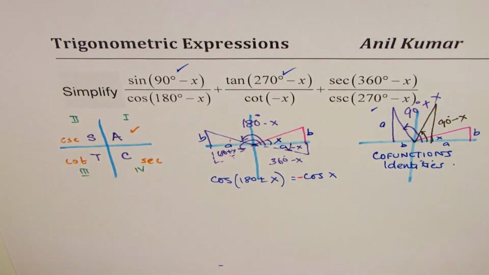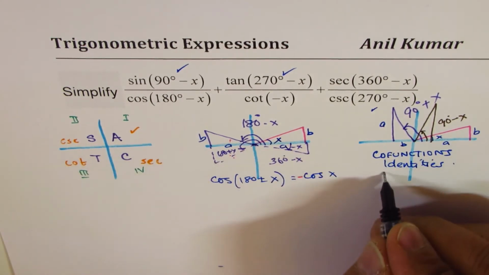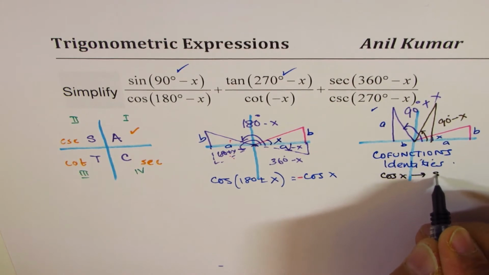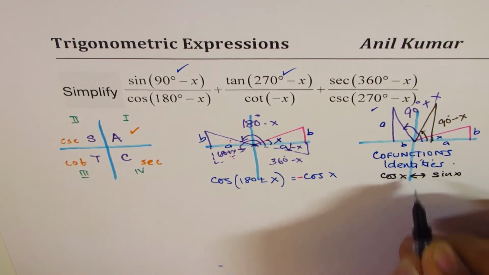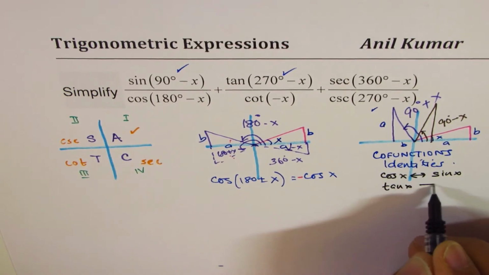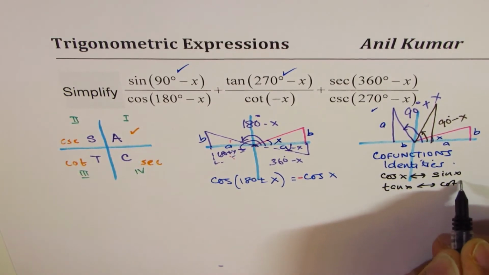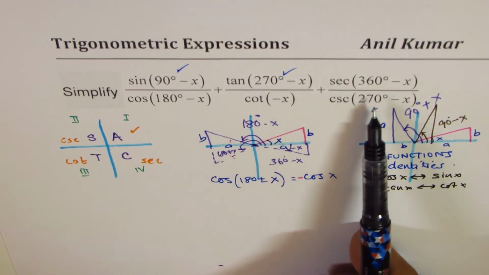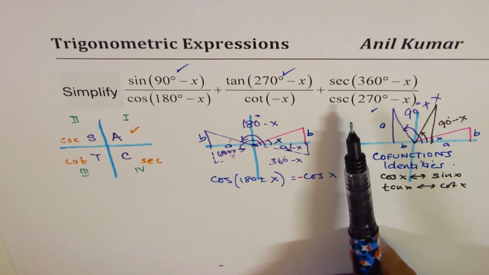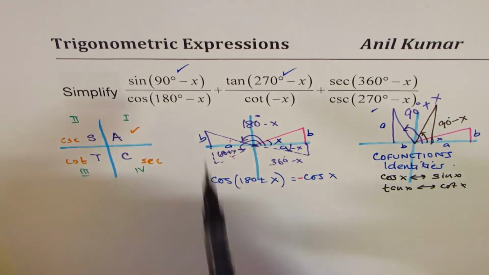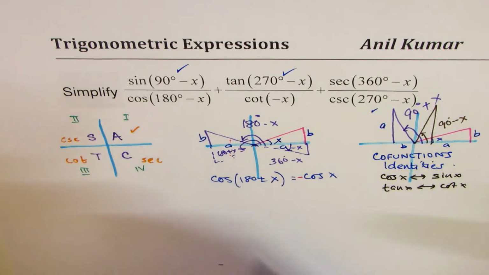So what basically happens here is that cos becomes sine. So cos becomes sine and vice versa, right? Tan becomes cotangent and vice versa. So whenever you have to solve these type of expressions, you have to look into two aspects, and let's see how. So let's copy this question.